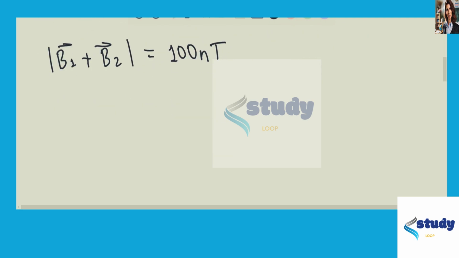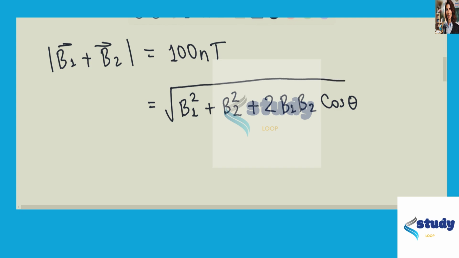So we know that this expression can be written in the following form: the magnitude of the first magnetic field squared, plus the magnitude of the second magnetic field squared, plus 2 times the magnitude of the first one, times the magnitude of the second one, times cosine of theta, where theta is the angle between the vectors B1 and B2.